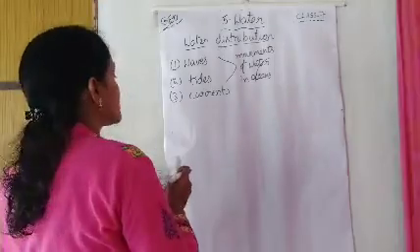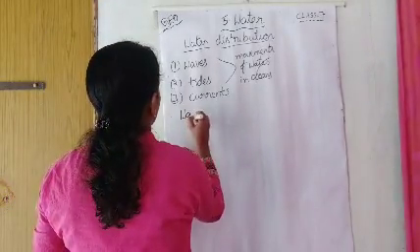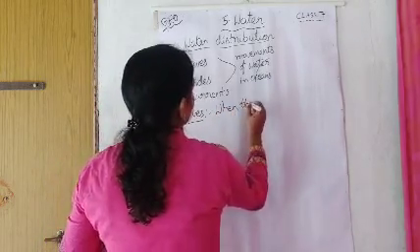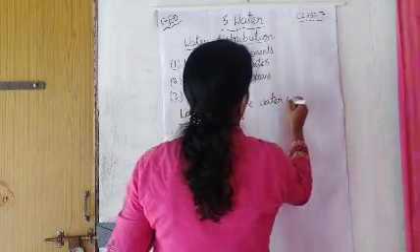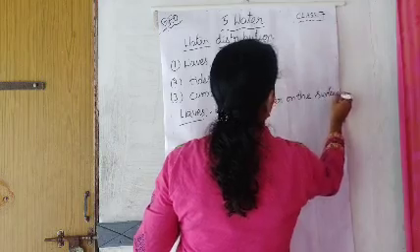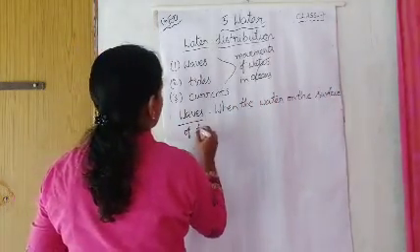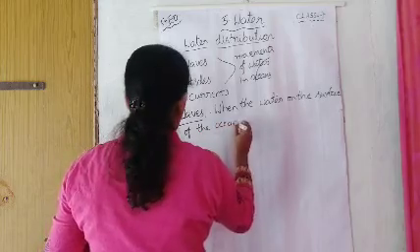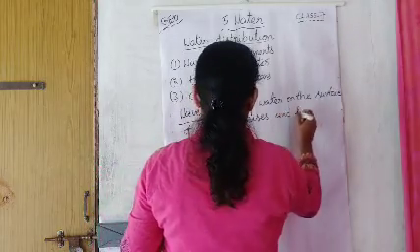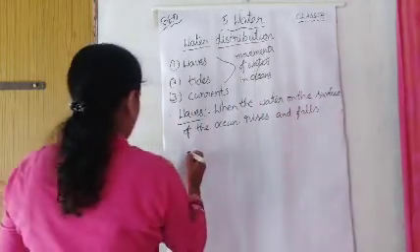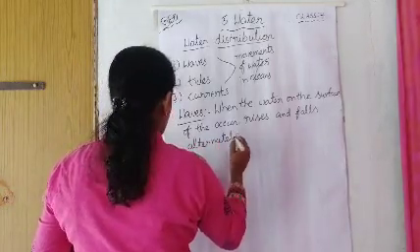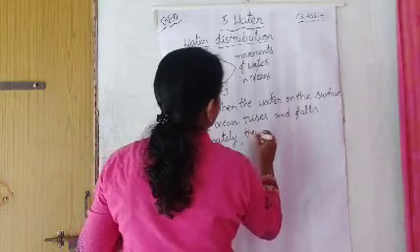So, I am writing the definition here. See children, waves. Waves definition: when the water on the surface of the ocean rises and falls alternately, they are called waves.